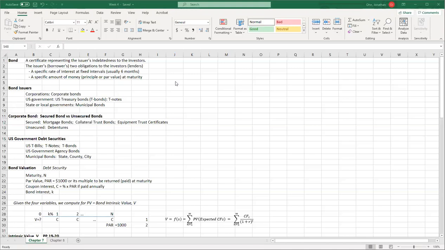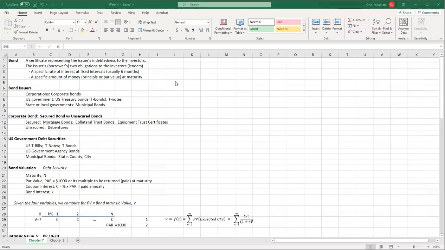Now, the typical way is they issue new securities, new stock, new bonds. They sell bonds, they sell common stock, raise their capital, and use that to finance those projects. The first one is bonds.